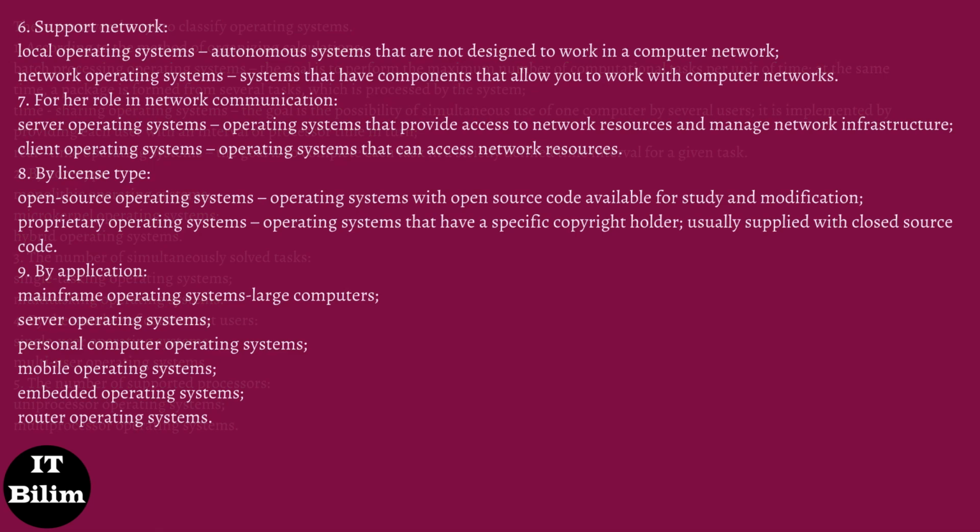Client operating systems that can access network resources. 8. By license type. Open source operating systems with open source code available for study and modification. Proprietary operating systems that have a specific copyright holder, usually supplied with closed source code.